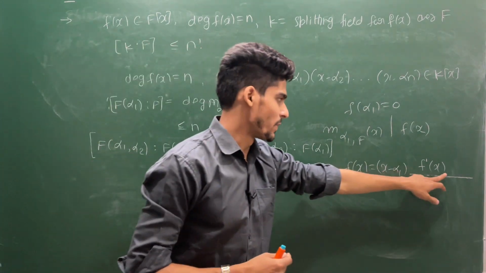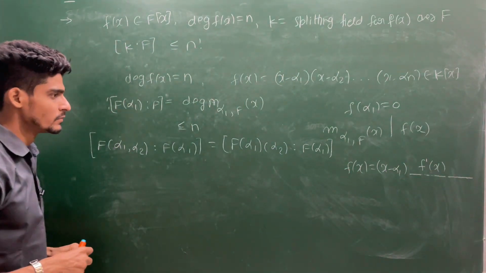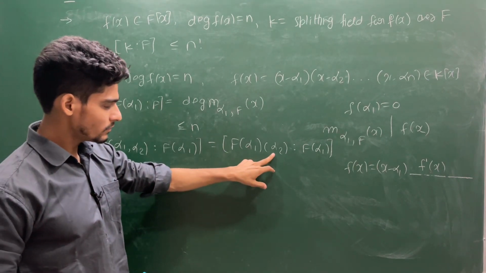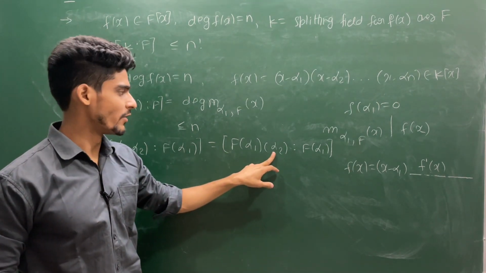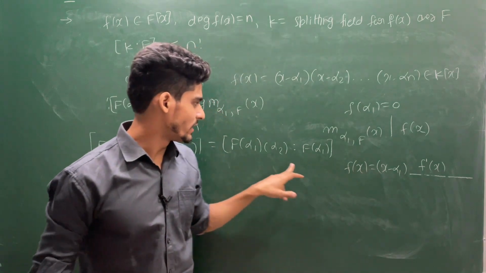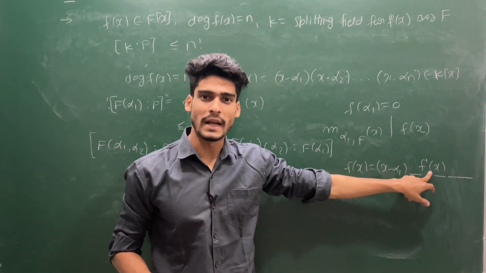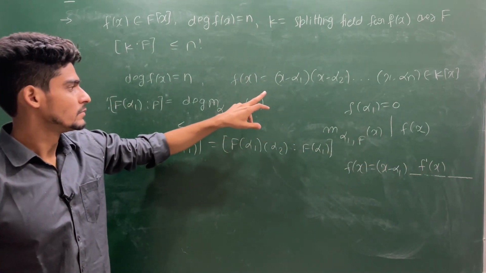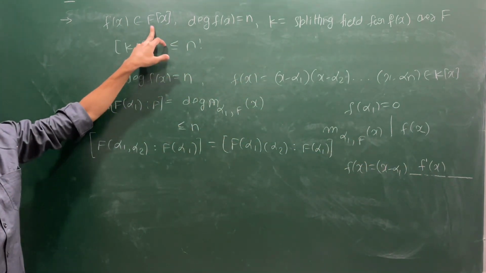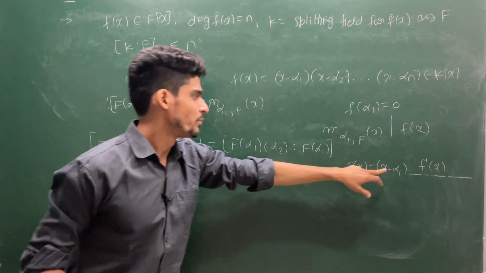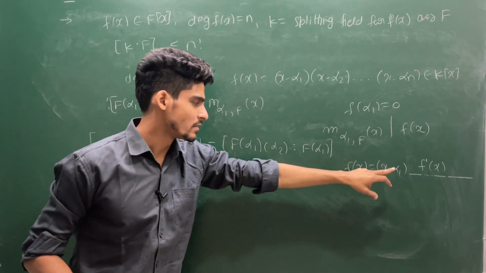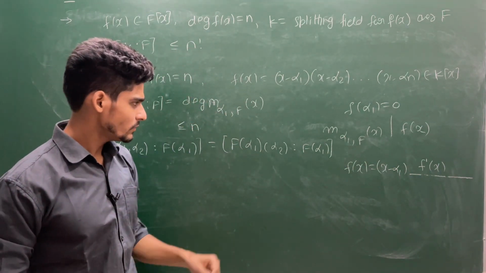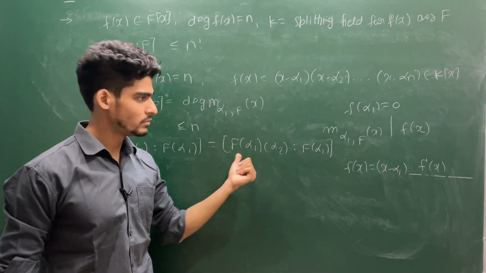So this f prime(x) is of degree n minus 1, and you are looking for the minimal polynomial for alpha 2. Clearly this alpha 2 must be a root of this f prime(x), and this f prime(x) may not be defined on F, but it must be defined on this F(alpha 1, alpha 2).